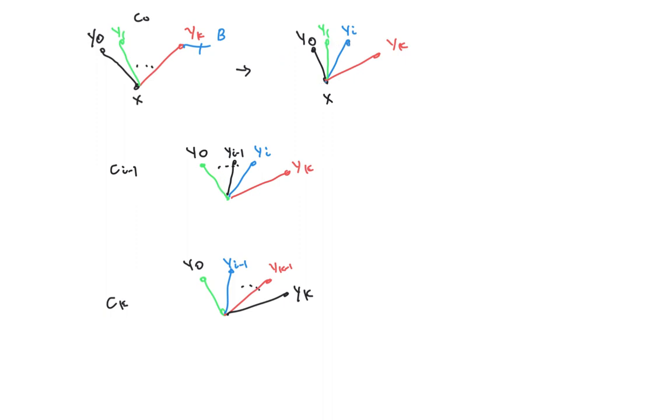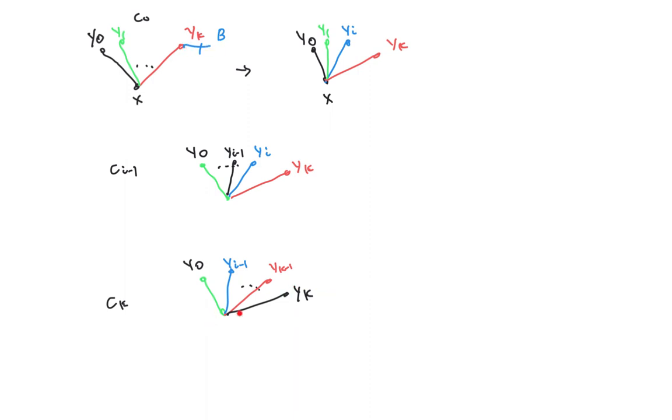So edge XY_0 got the same color that XY_1 previously had, all the way up to Y_{i-1}, which is now left uncolored. And the same thing happens in C_k, everything jumps 1 to the left. And so the point is this color blue that was missing is still missing here.